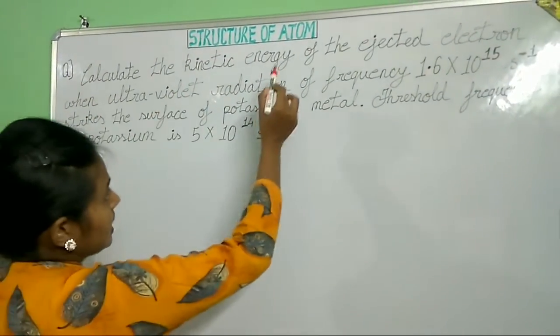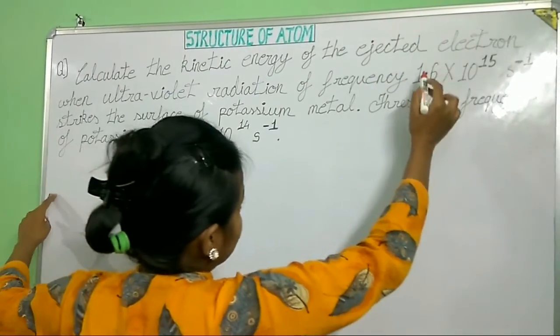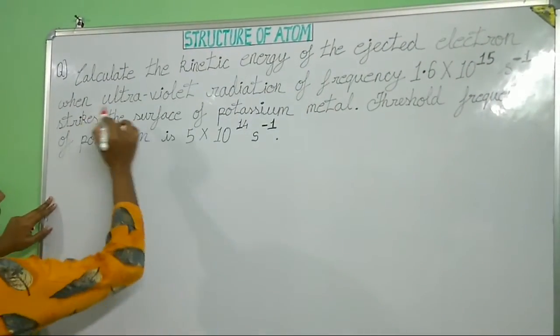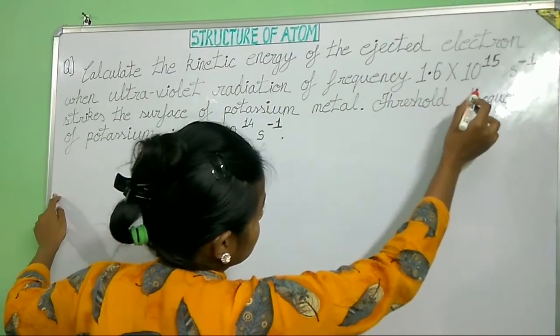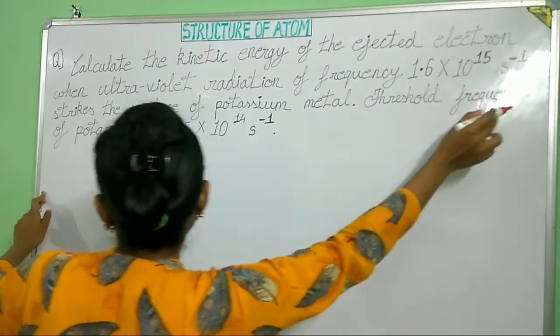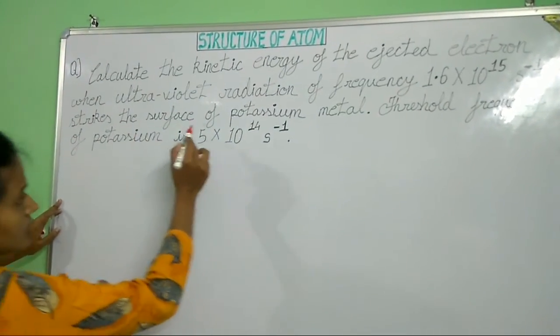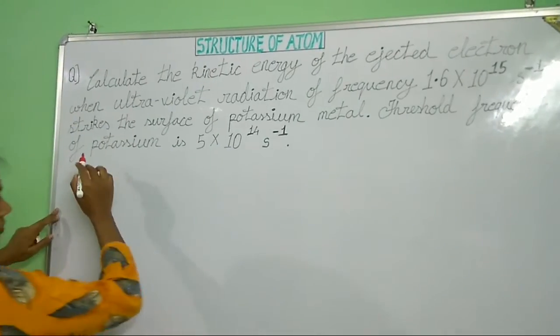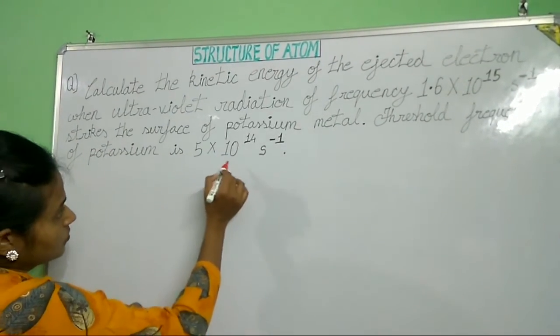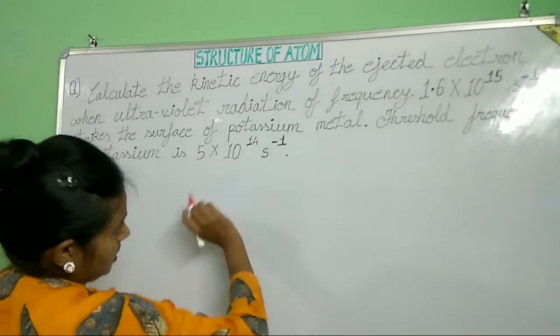Calculate the kinetic energy of the ejected electron when ultraviolet radiation of frequency 1.6 into 10 to the power 15 per second strikes the surface of potassium metal. Threshold frequency of potassium is 5 into 10 to the power 14 per second.